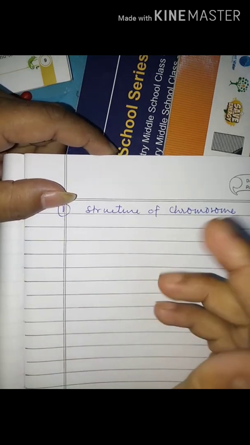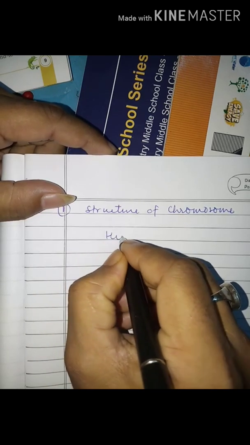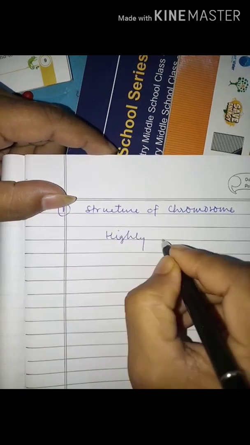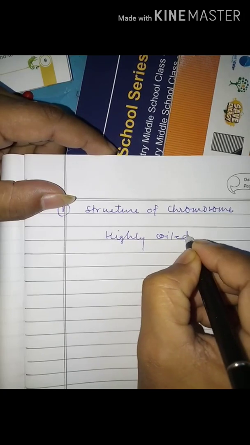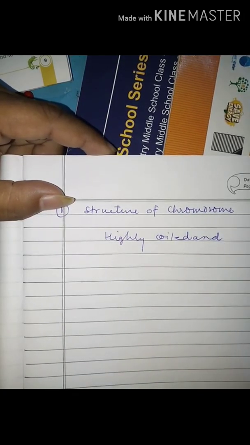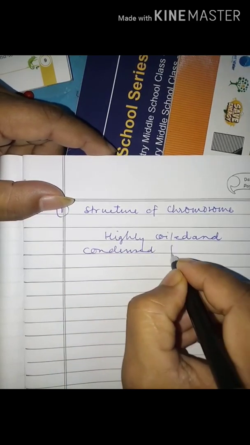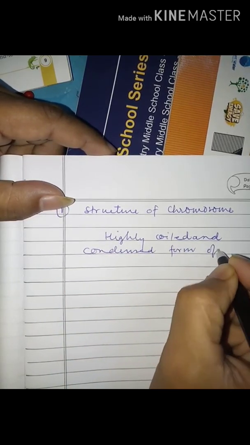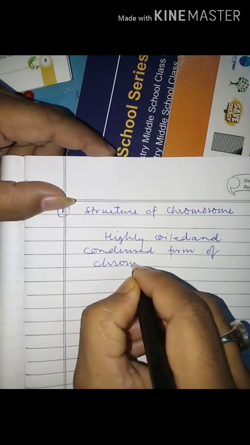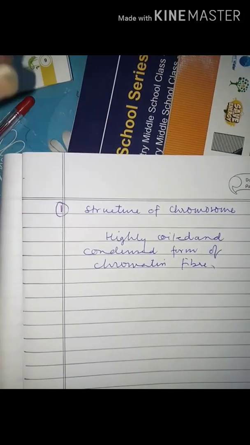Chromosomes are the highly coiled and condensed form of chromatin fiber.